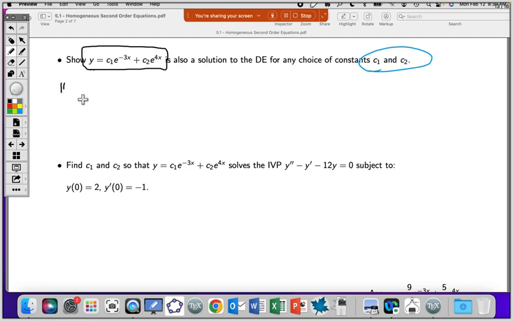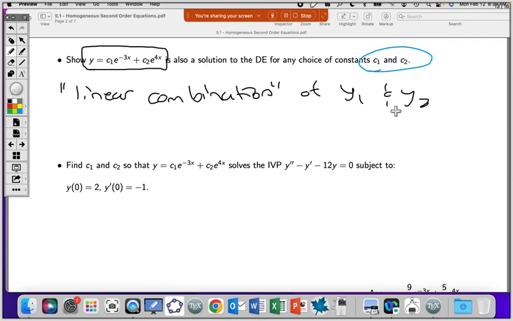This is called a linear combination of y1 and y2, because we're keeping y1 and y2 to the first power, just multiplying by constants and adding them together.